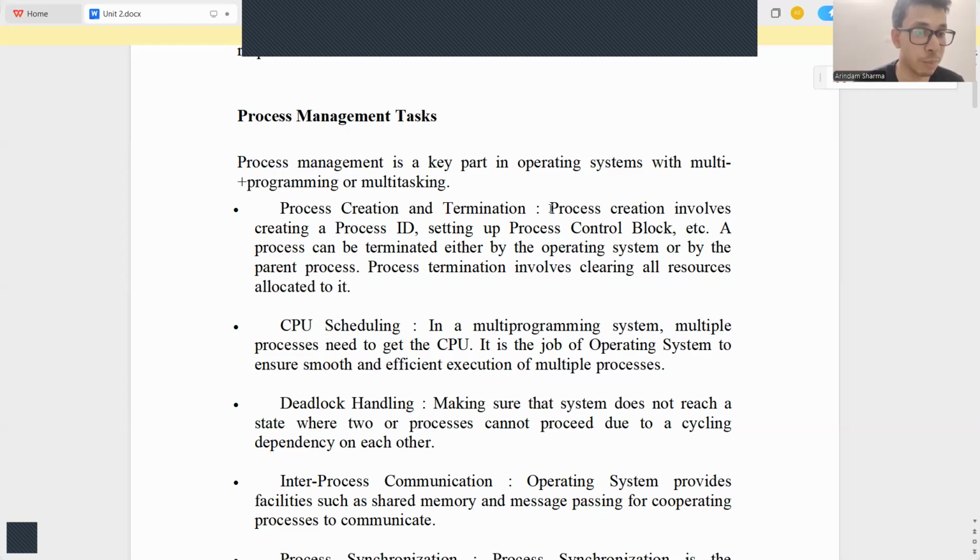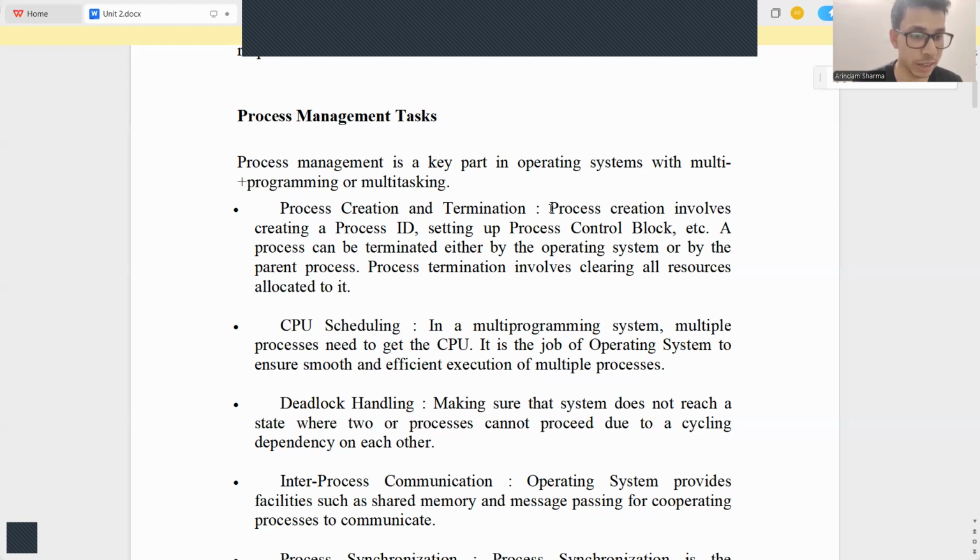It is the job of the operating system to ensure smooth and efficient execution of multiple processes, and to make sure of that.